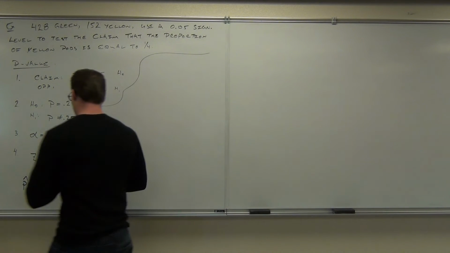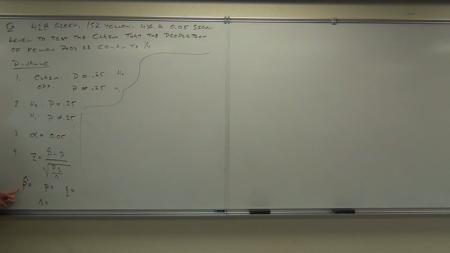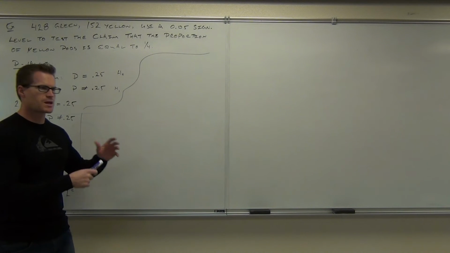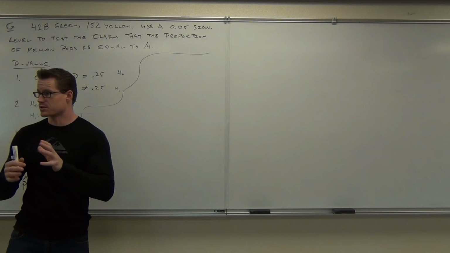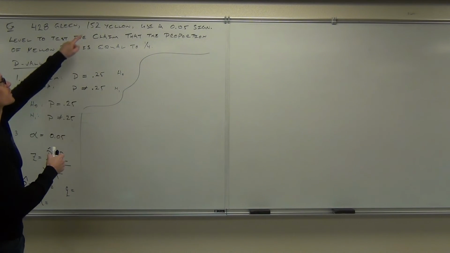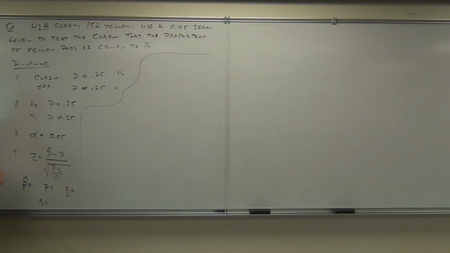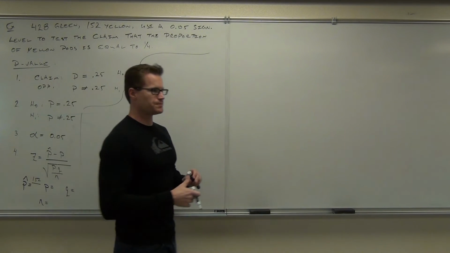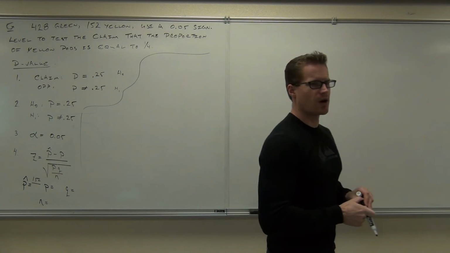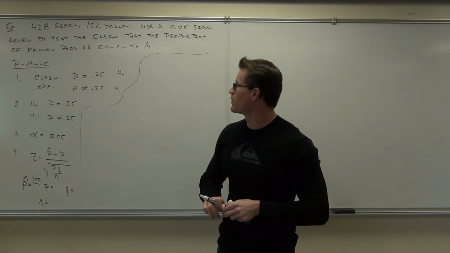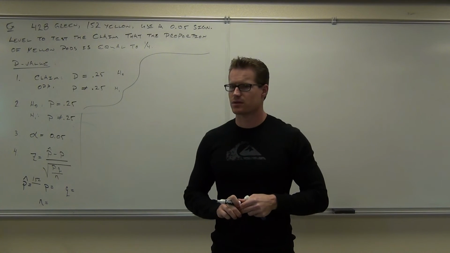Okay, so our proportion of successes for the sample means whatever we're looking for. In this case, our successes are yellow pods. So we look here, we have 152 yellow pods. And we divide by the total number of pods that we've looked at. What's the total number of pods that we looked at? Was it 428 or something else?